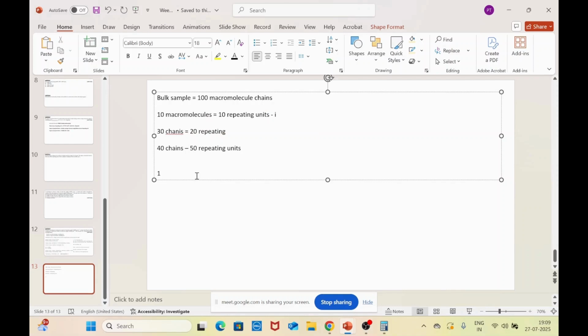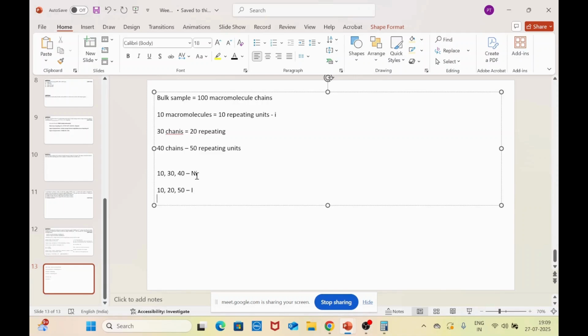So these 10 chains, 30 chains, and 40 chains are the Ni values, and those 10 repeating units, 20 repeating units, and 50 repeating units are going to be the i values.